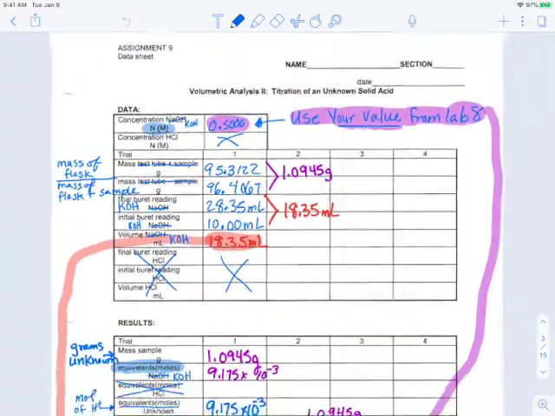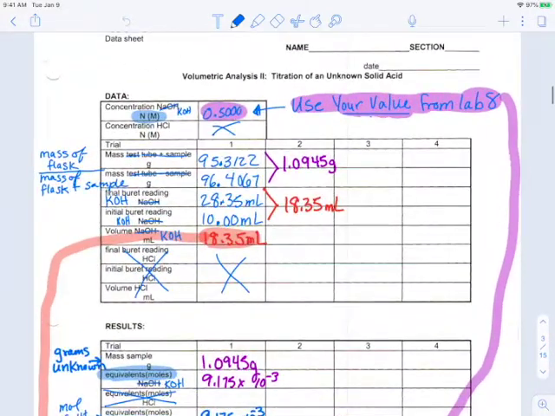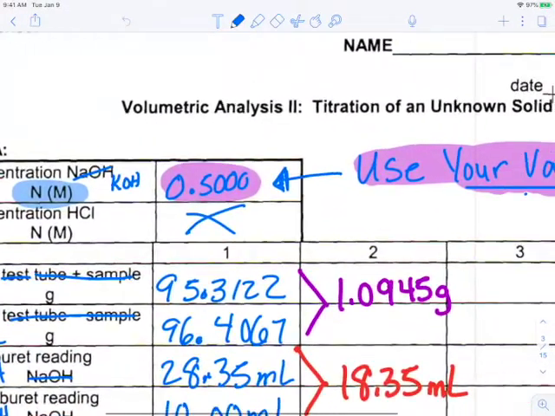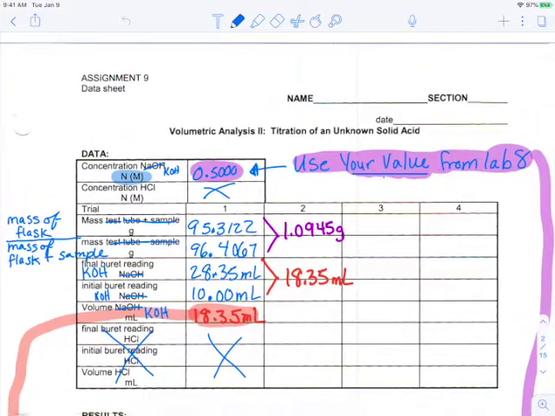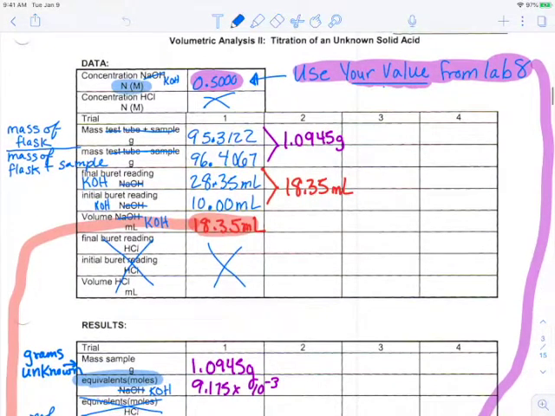All right, so this is very colorful. I apologize for those of you who don't like the colors. So let's start up at the top. Remember this value that I have here, 0.500, that's just a sample value. You're going to use your own, and it's the average KOH from last class. So when you see the calculation below, make sure you replace 0.500 with your own value. And here I did a worked example, so let's just go through this.